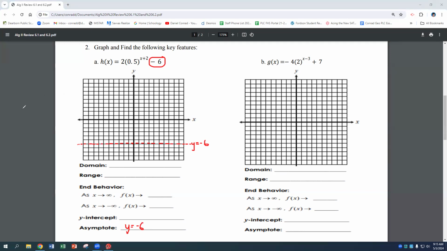Okay, next thing we're going to do is find our y-intercept. So I'm going to use a different color, make a little table. I'm going to plug in 0 for x, and I can use my calculator for this.